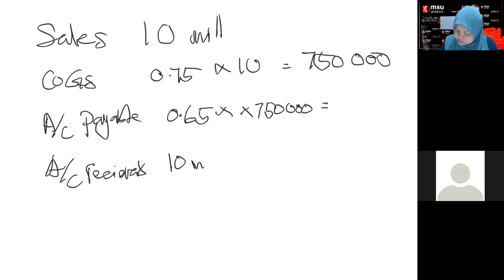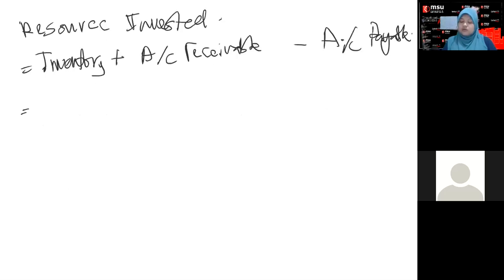All right, now go back to the previous discussion, which is how much is the resource invested. So this inventory plus accounts receivable minus accounts payable, you need to multiply each amount by its turnover. For example, inventory: you need to multiply that amount by the inventory turnover, divided by 365.